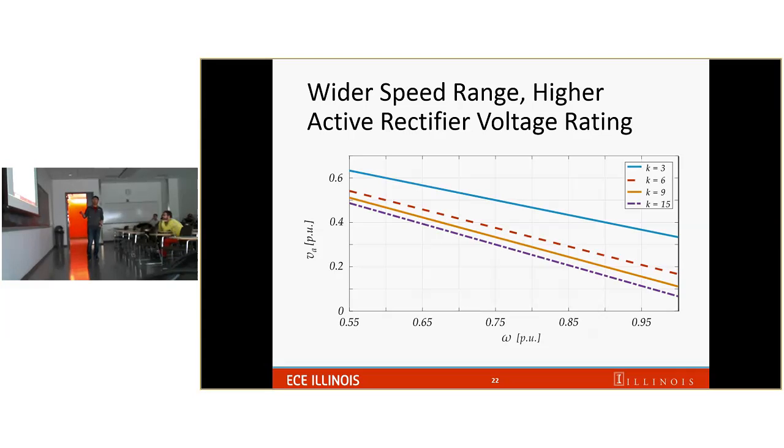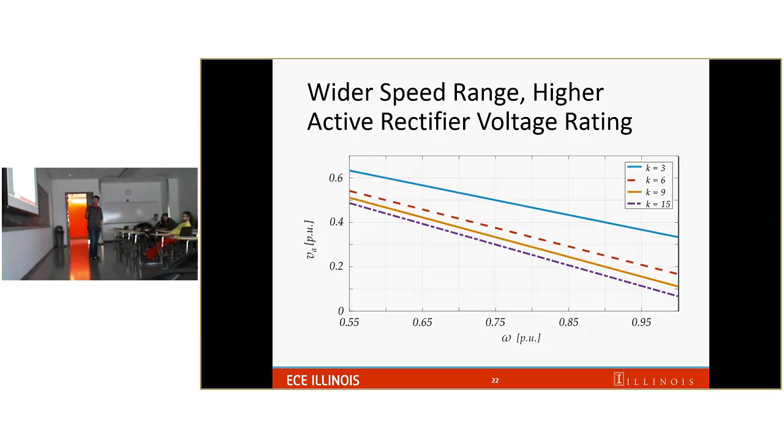If you only operate at fixed speed, which is omega always equal to 1 per unit, then you only need like 33% of the voltage supported by the active rectifier. But if you extend omega to be 0.55 of the rated speed, then at this point, the voltage support required by the active rectifier is more like 60 to 63% of the DC bus.